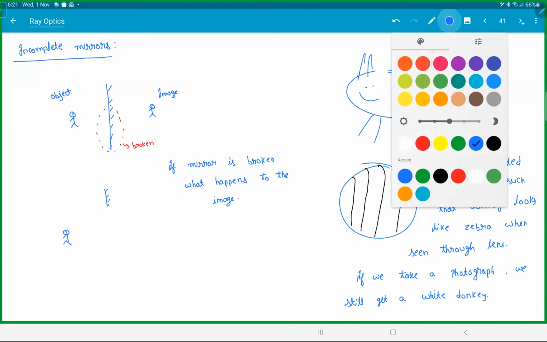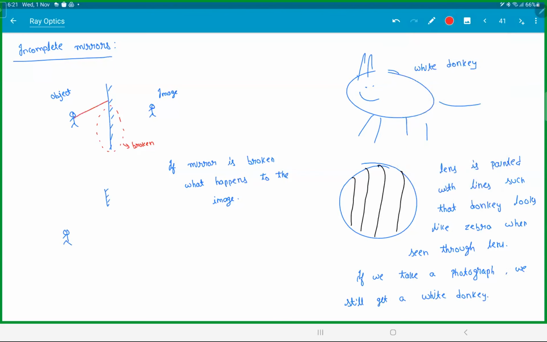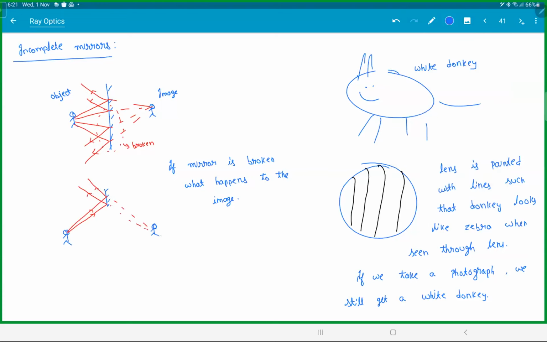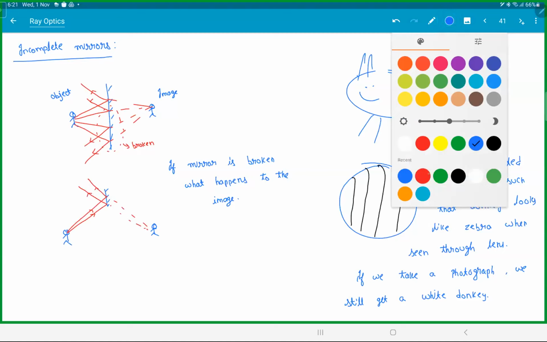The reason is, you need to go back to the process of how light images are formed. These light rays which are going here, it feels like the light rays are coming from here. No, this is what you will see. So if the mirror is broken, what will happen? These light rays will still appear as if they're coming from here, isn't it? But you'll get fewer light rays now.